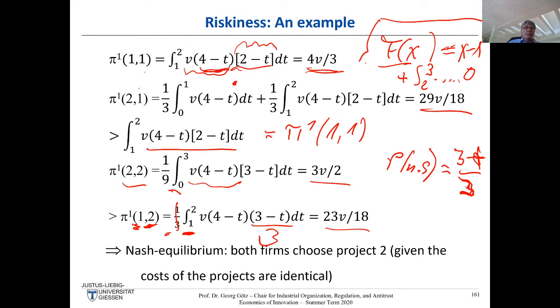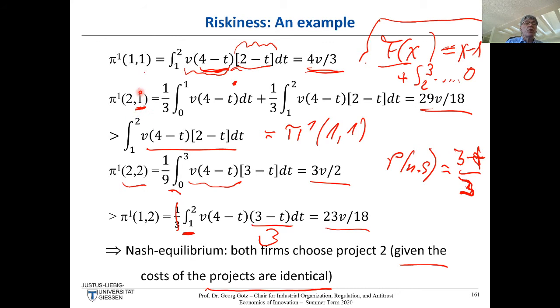Now we already have this important result. In a Nash equilibrium, given the costs of the projects are identical, it's always optimal to choose the risky project. Suppose your rival chooses the safe one, that is, we are above here.